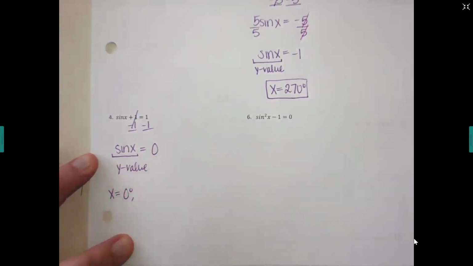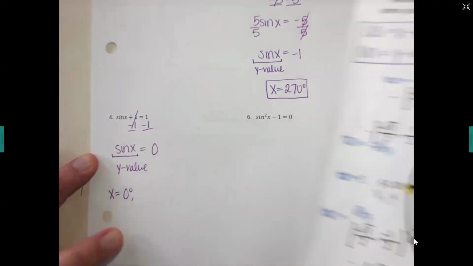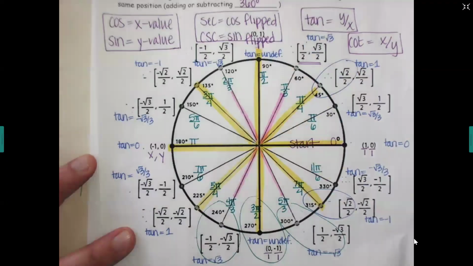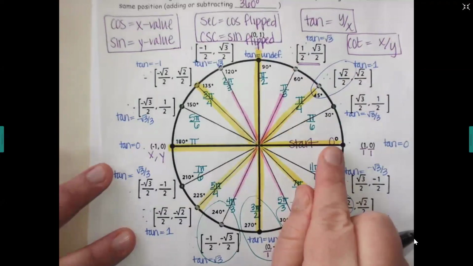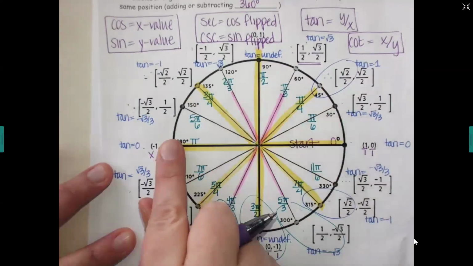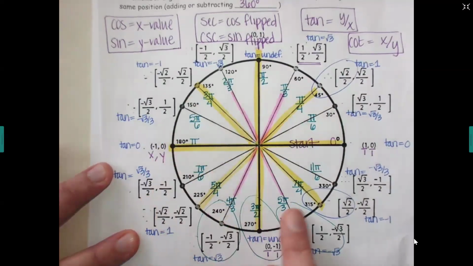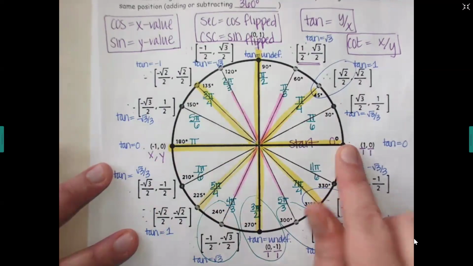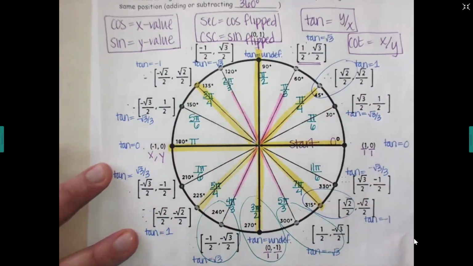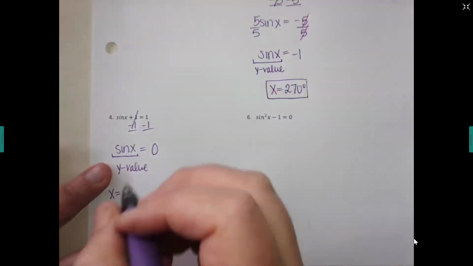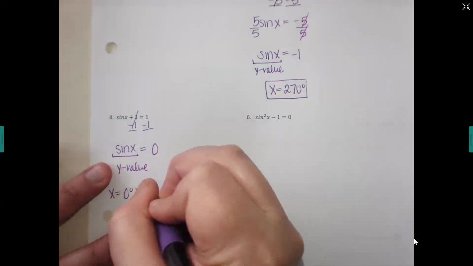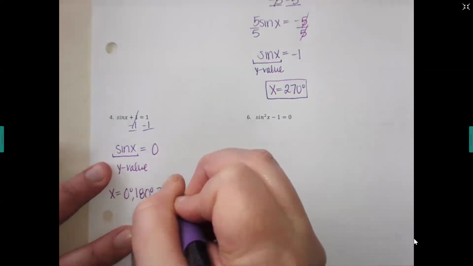Where's the next one? 180, correct. And now there's actually one more. I have 0 over here, 180 over here. And what about if I put 360? I'd be right back at 0. So 0 and 360 are the same spot, which means they're both answers. So we'll do 0, 180, and 360.